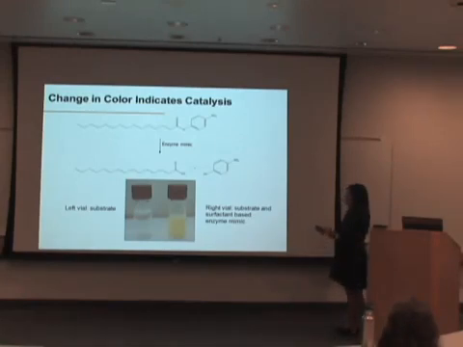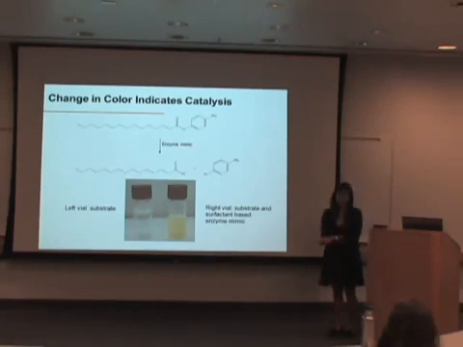And then we add our enzyme mimic, and that cleaves this fat bond right there by the oxygen. And then you get this nitrophenyl group that is UV active and causes the solution to turn yellow. So this vial, again, just has the substrate, you add the enzyme mimic, and then you hopefully get this yellow color. And if you get this yellow color, you know it's working because the nitrophenyl is what causes the solution to turn yellow.